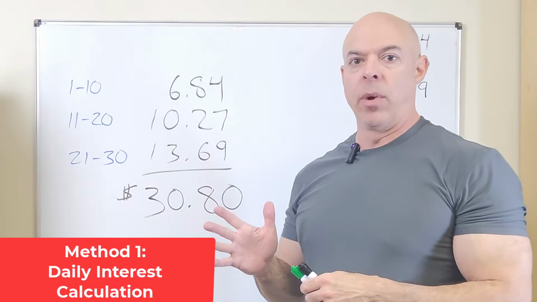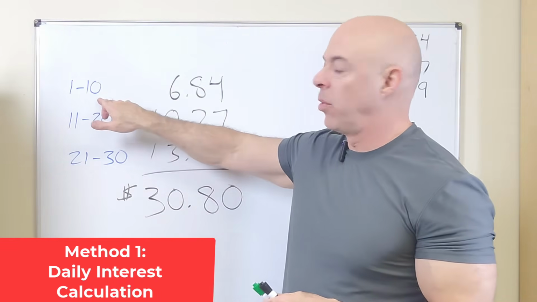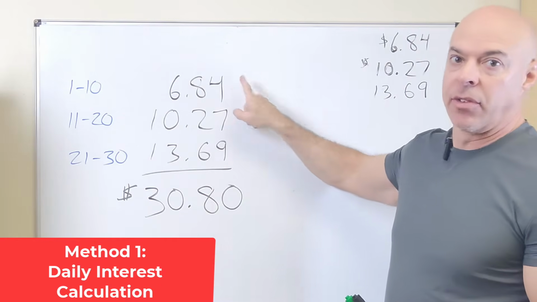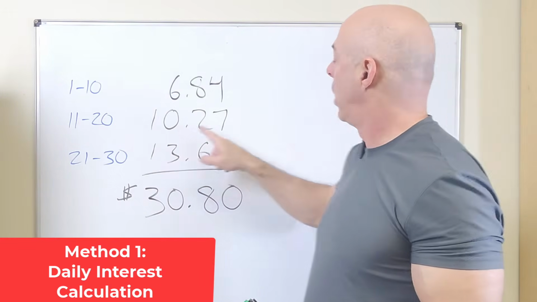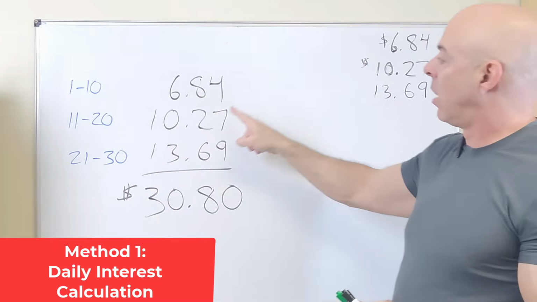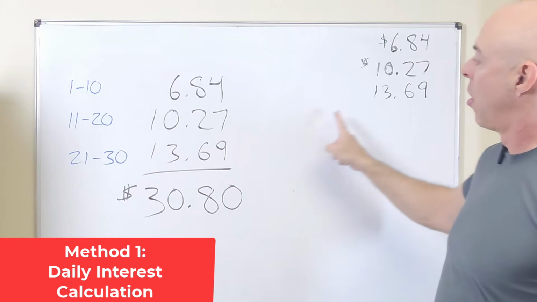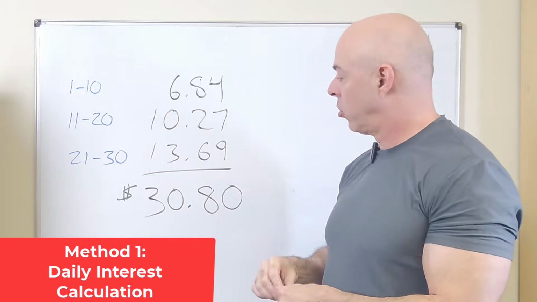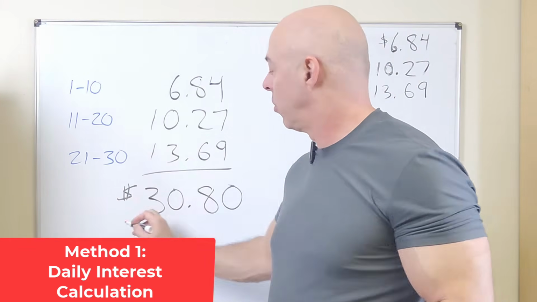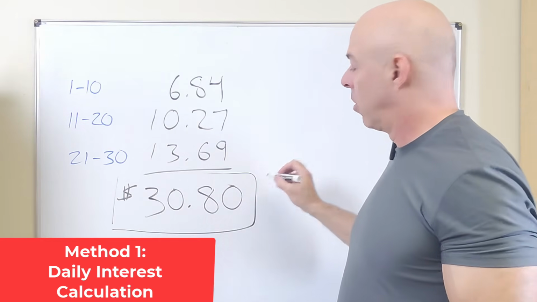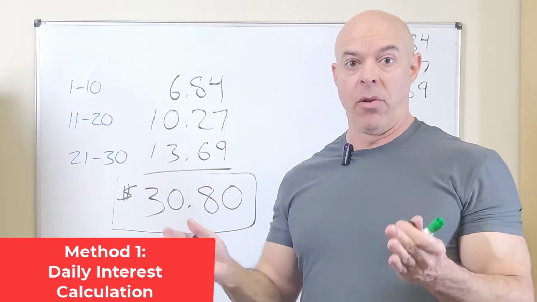So what that left us with was, for interest on days 1 through 10, we came up with $6.84. Days 11 through 20, it was $10.27. And days 21 through 30, it was $13.69, for a total of $30.80.